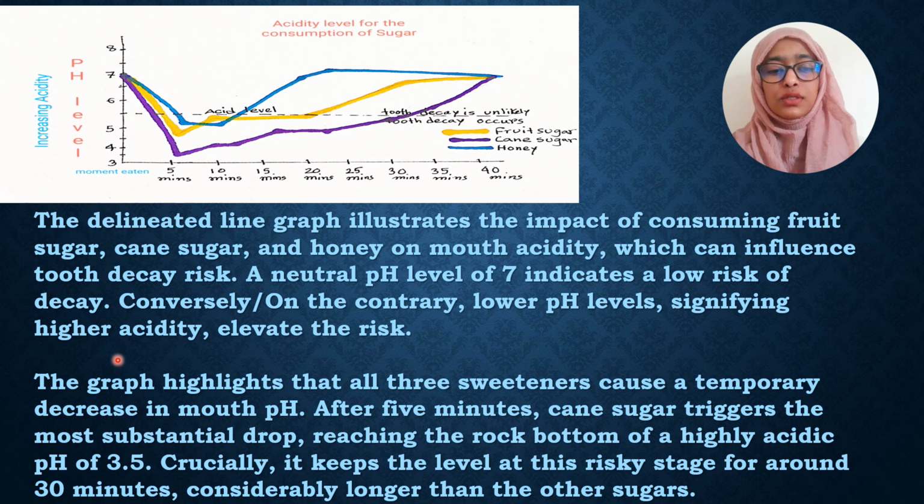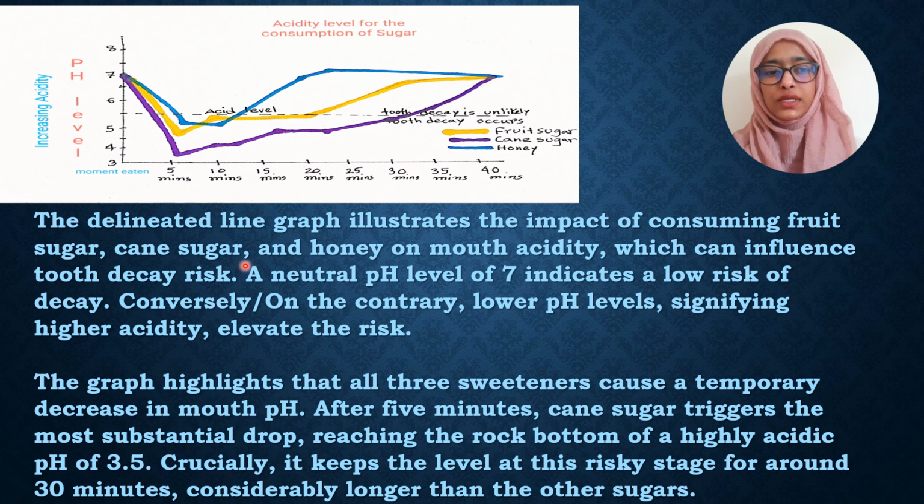So the graph highlights that all three kinds of sweeteners cause a temporary decrease. It is definitely temporary. It decreased, then with time it started going to the safest level again, right? So definitely it's temporary, it's not permanent.